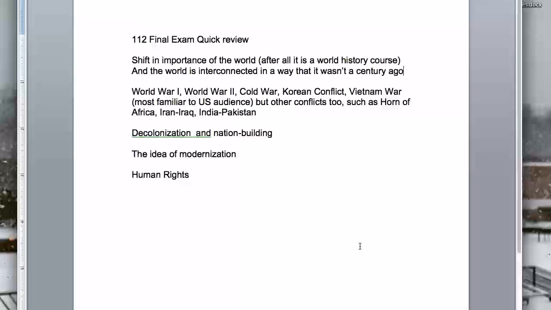The other thing that I note here is that the world is far more interconnected. News and communication and events travel far more quickly than they did 100 years ago. And so when that event happens in China, it's immediately known in the United States and France and can immediately affect what's going on in the United States and France.